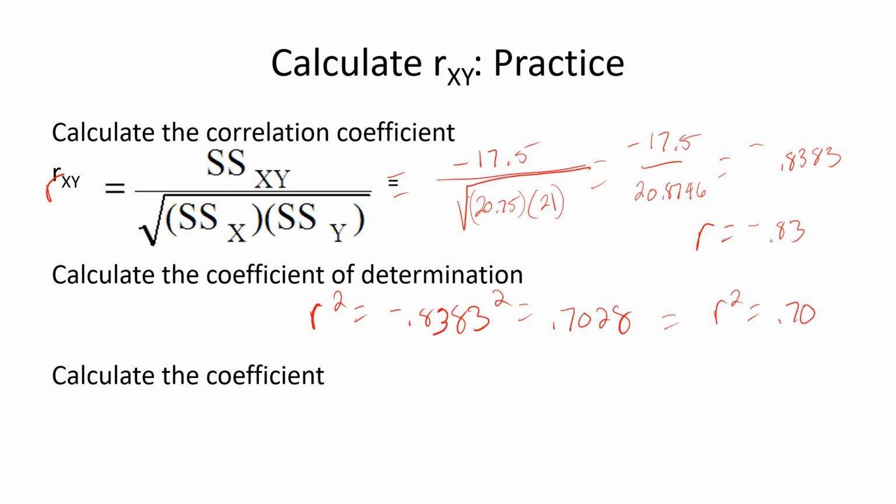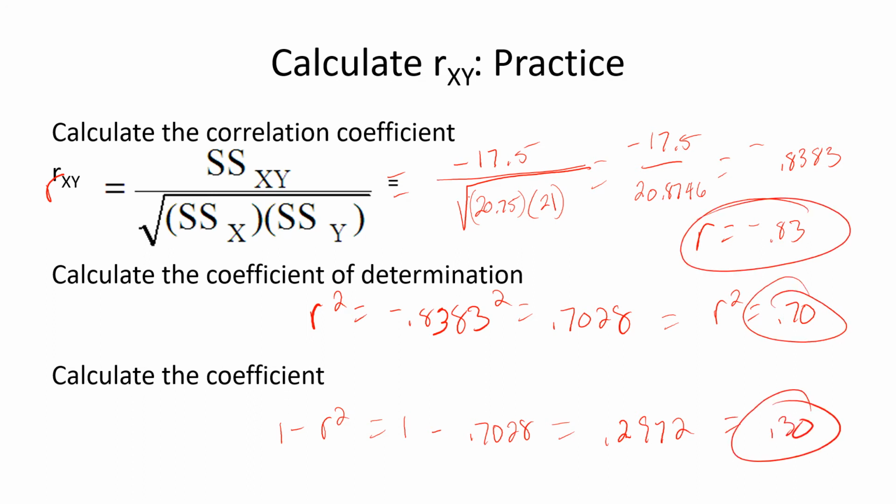And finally, we get our coefficient of alienation, which is 1 minus R squared. So 1 minus 0.7028, which equals 0.2972, which equals .30. And that is all of our values there.